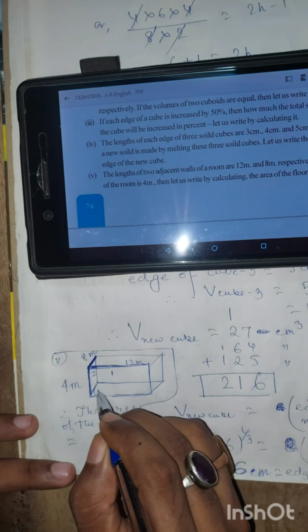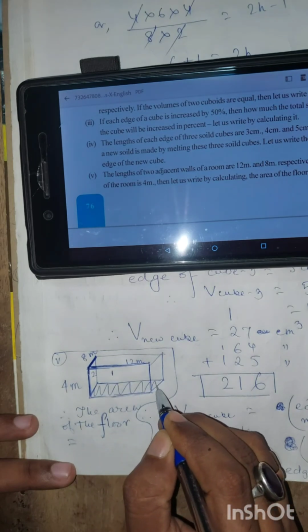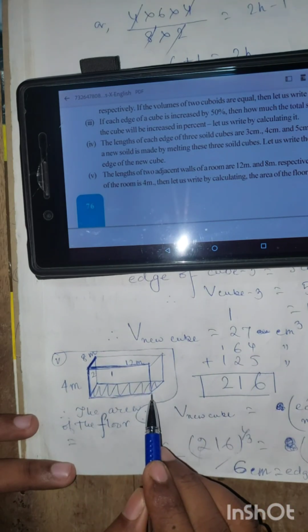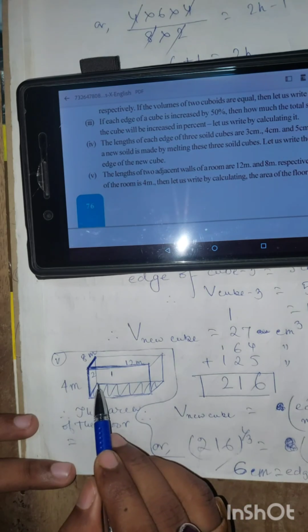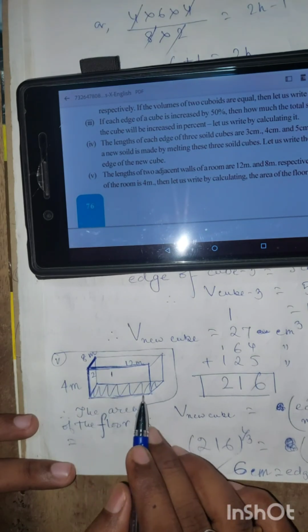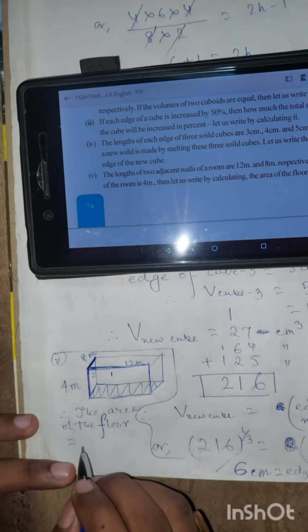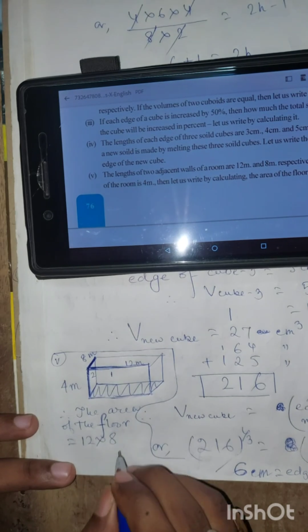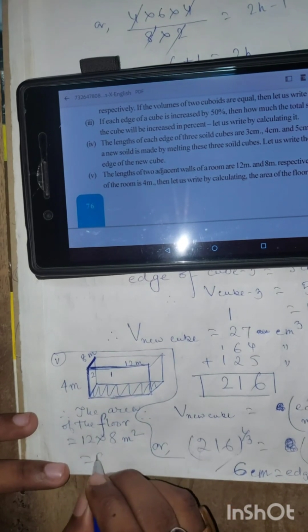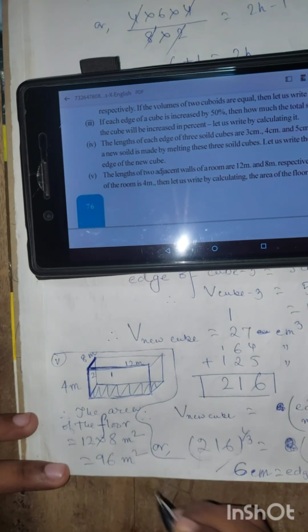We are calculating this area. The length is 12 and the breadth is 8 meters. So 12 into 8 meters square, that means 96 meters square. This is our answer.